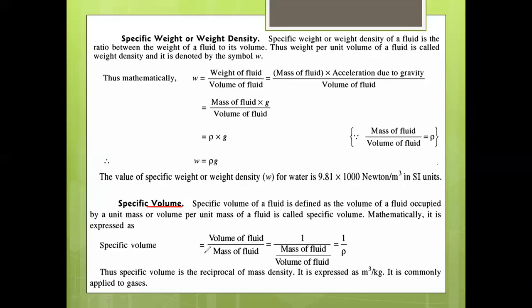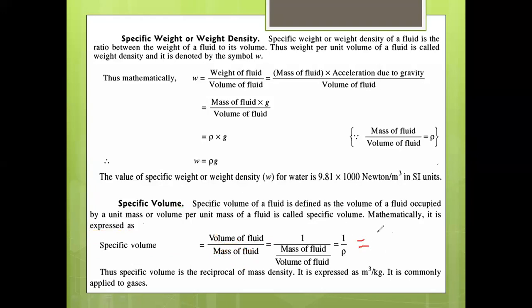So mass will remain the same for gases, liquids, or any other objects, even if we increase the pressure by a large amount. Its volume may change, but mass will not. So this denominator quantity remains constant, and for this reason the specific volume term is used for gases. So what is the unit of this particular term, specific volume?